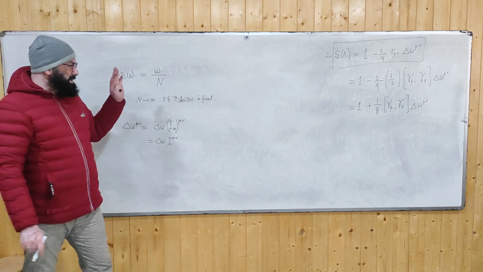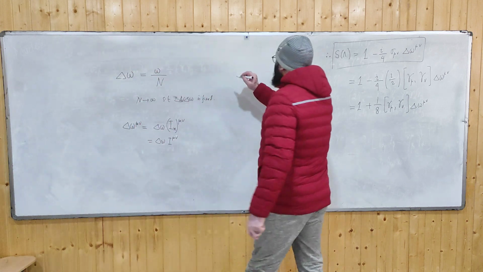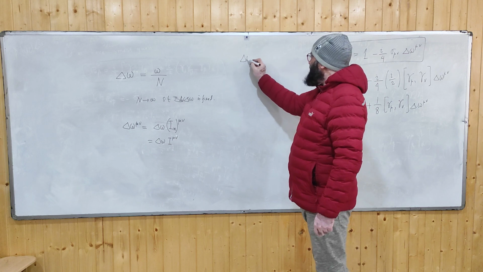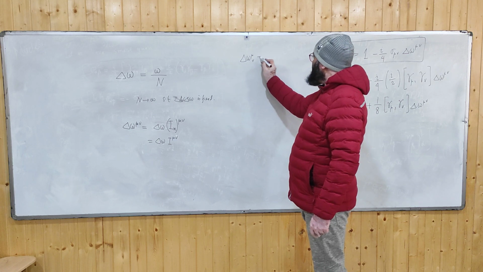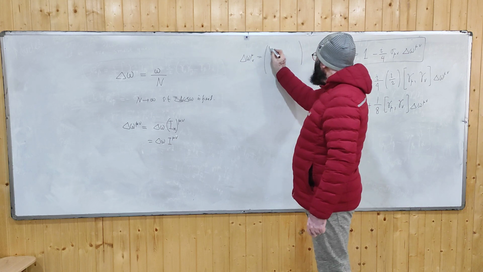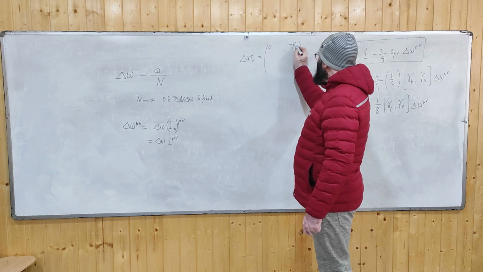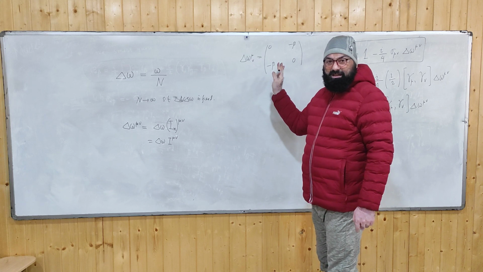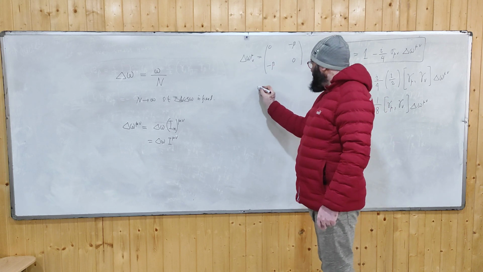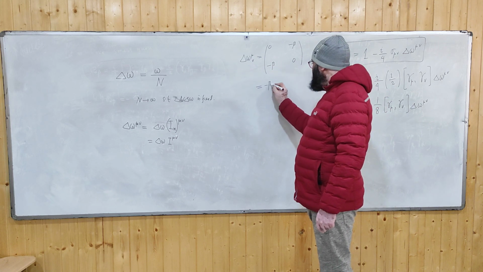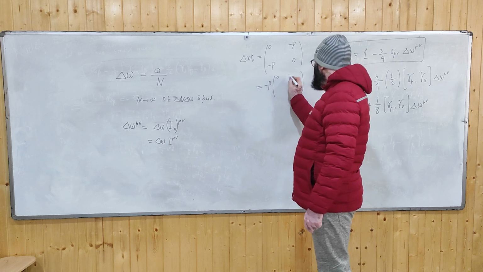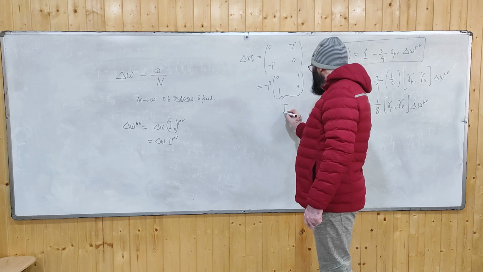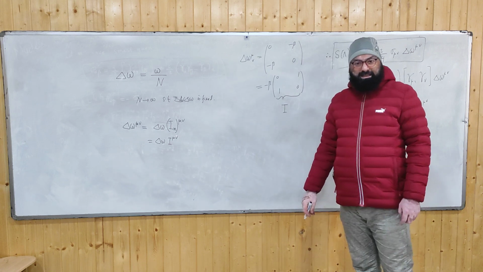Clear? So if you remember last time when we calculated the infinitesimal Lorentz transformation, we arrived at this delta omega mu nu. You remember it? What was that? 0 minus beta and 0. You remember it? Okay, so what you can do, you can take minus beta out. So what remains there? 0, 1, 1, 0. So you can call this as what? Your I. Clear?